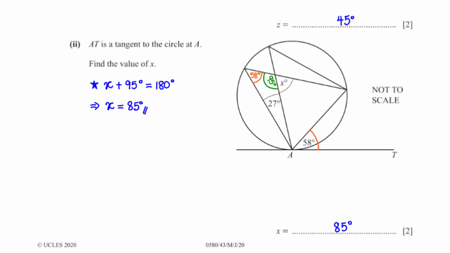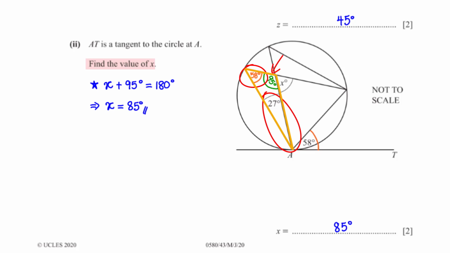AT is a tangent to the circle at A. Find the value of x. Based on the alternate segment theorem, if this angle here is 58 degrees, then this angle here is also 58 degrees. We know two angles in this triangle, so to get the third angle, we subtract the sum of 58 degrees and 27 degrees from 180 degrees.